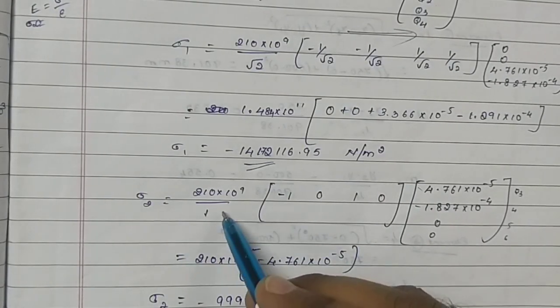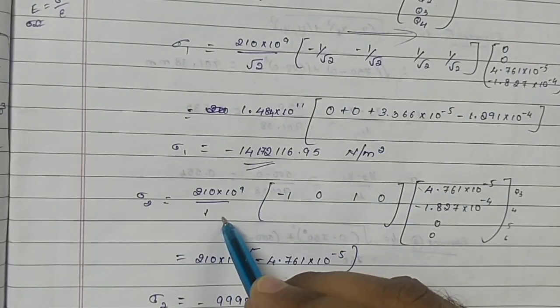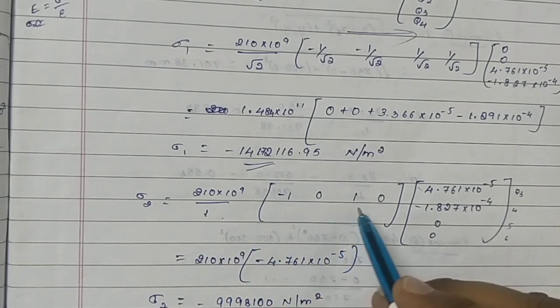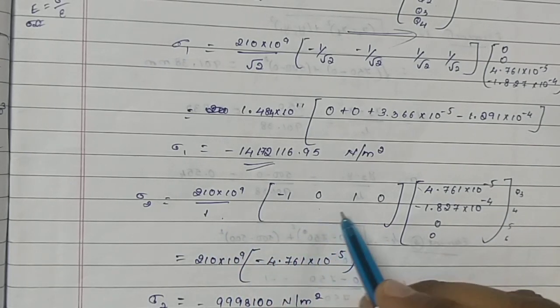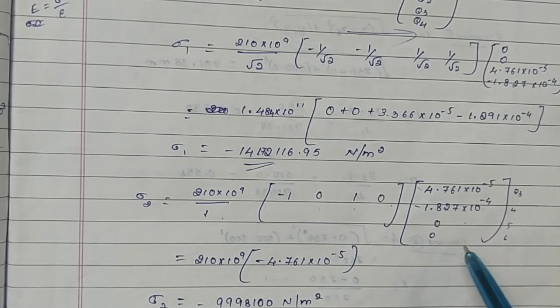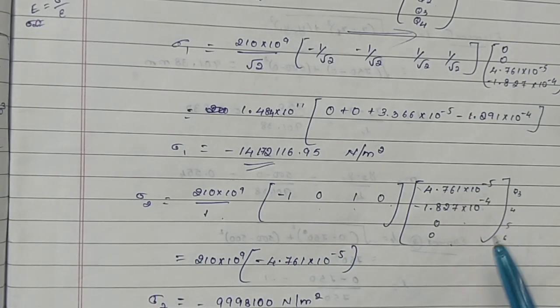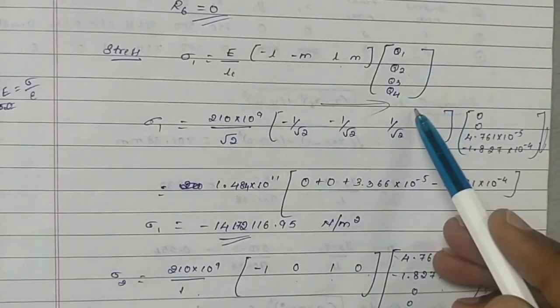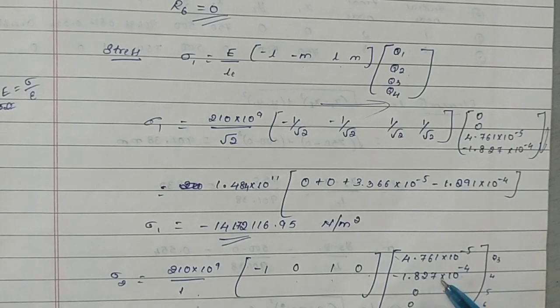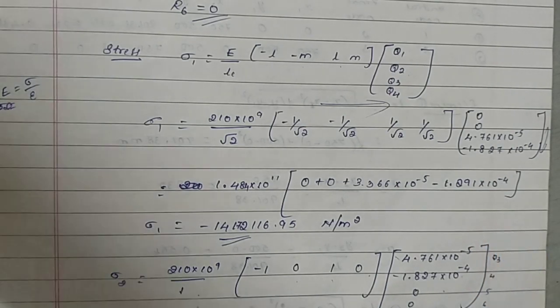Multiply this with this, you will get sigma 1. Similarly, sigma 2, E by LE of the second element, then minus L, minus M, L, M of the second element. Next, Q3, Q4, Q5, Q6. For the first element it is Q1, Q2, Q3, Q4. So for the second element it is Q3, Q4, Q5, Q6. Correct.